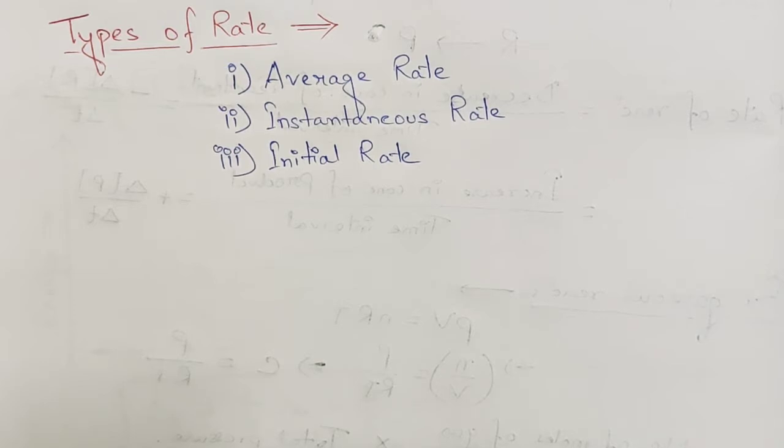And the molar concentration of the products increases with the passage of time. So the rate of reaction does not remain constant throughout. So the rate of reaction can be explained as the average rate of reaction during the time interval which we have chosen.